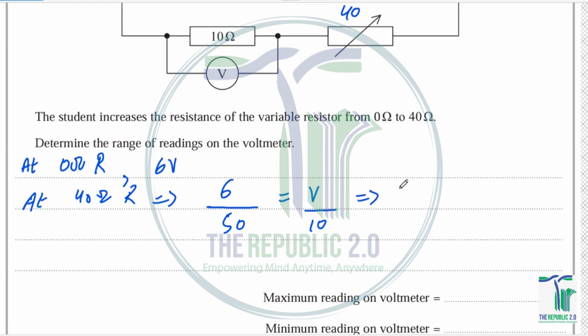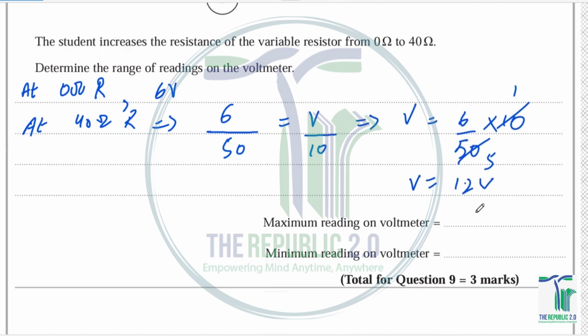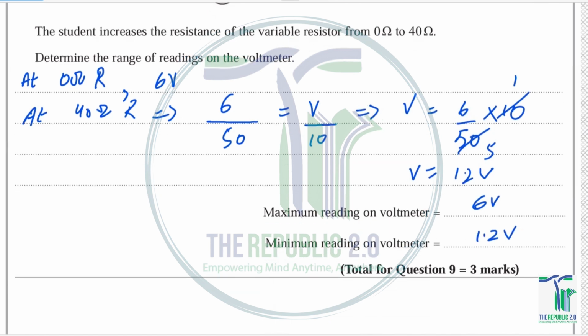And now from this equation, V should be equal to 6 upon 50 times 10. And 6 upon 5 is 1.2 volt. So the maximum reading on the voltmeter that we can have is 6 volt, and the minimum reading on the voltmeter could be 1.2 volts.